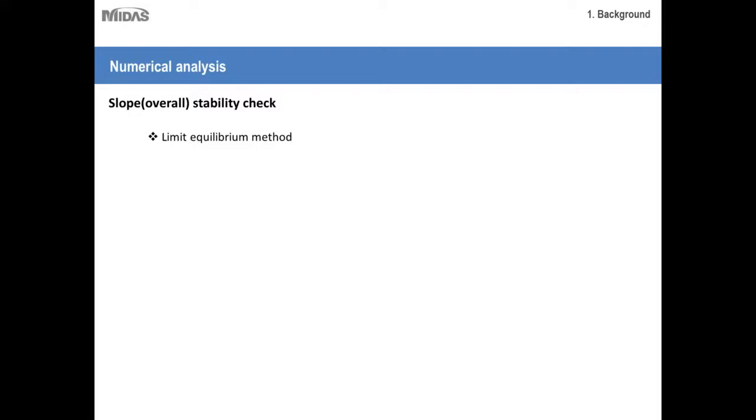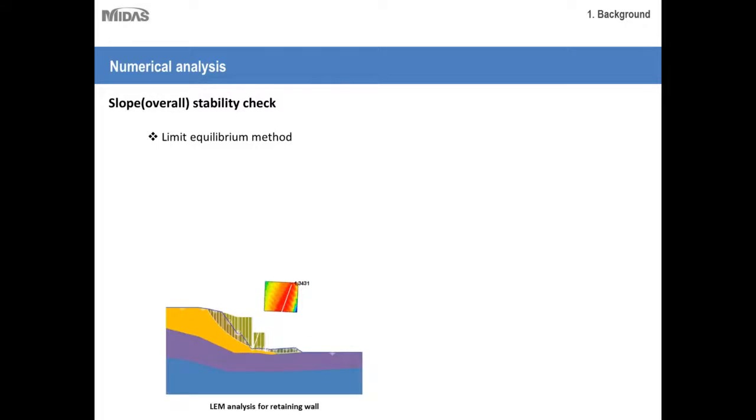So the first and foremost method, which is very common and very popular, that everyone is familiar with, is the limit equilibrium method. As we studied in school, the slope is divided into fine fragments or wedges, as you can see.